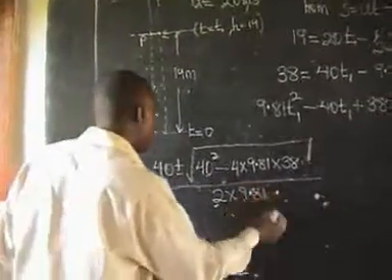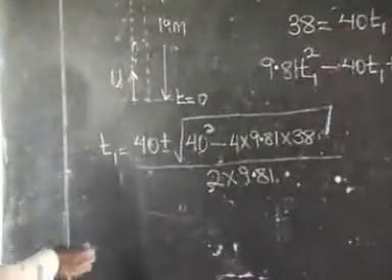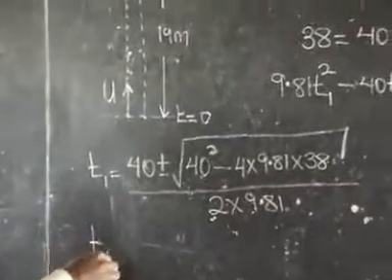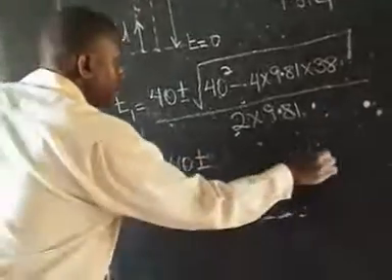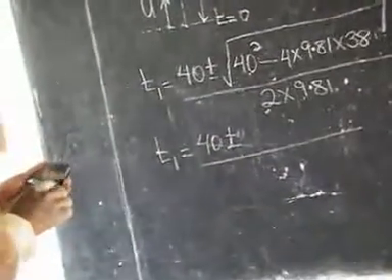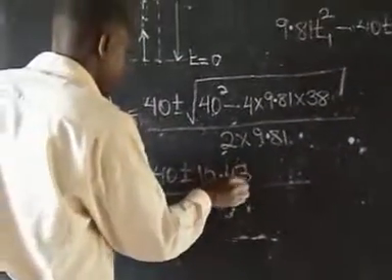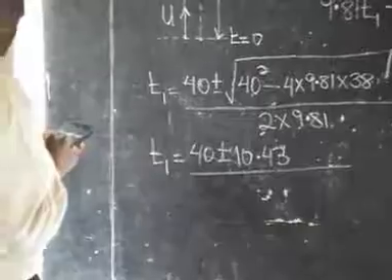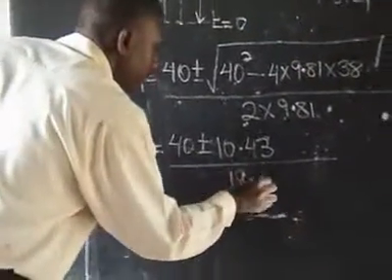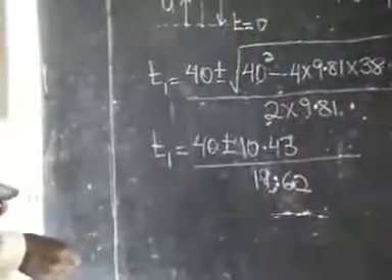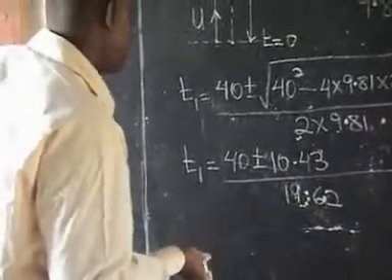That's our general formula for any quadratic equation. So in this case, we shall have t1 is equal to 40 plus or minus 10.43, divided by 19.62. So now this equation is going to give us two values of t.